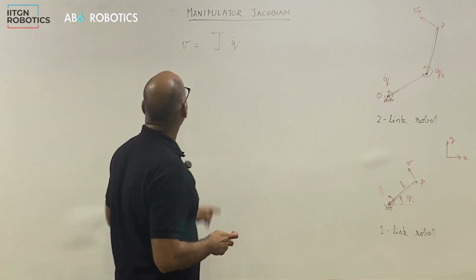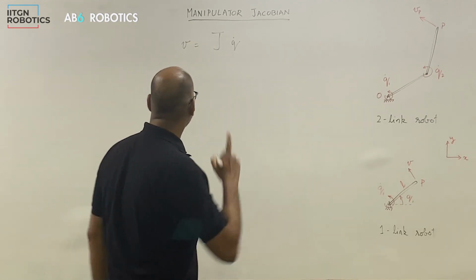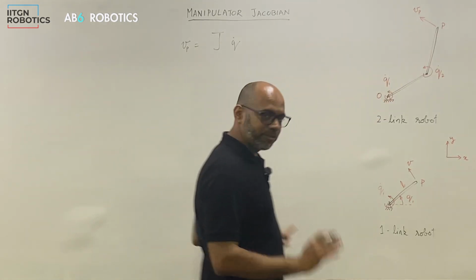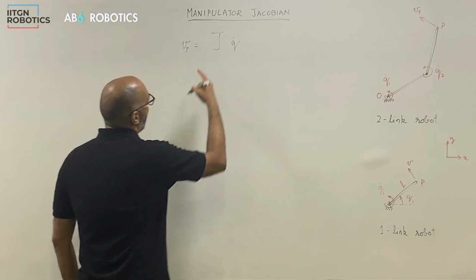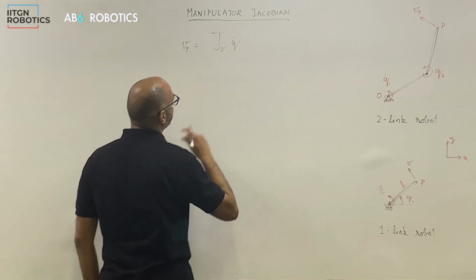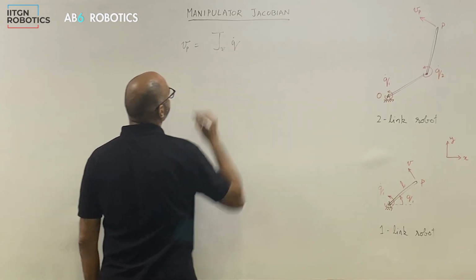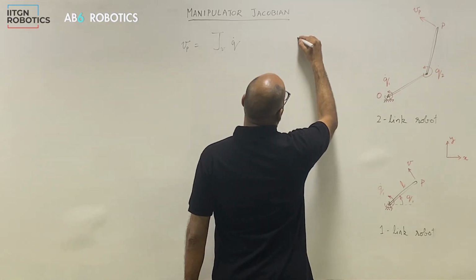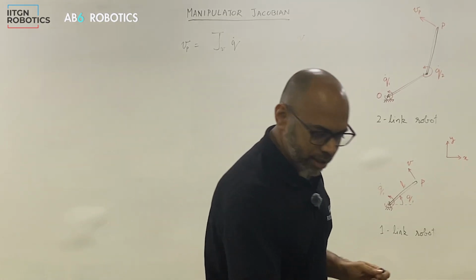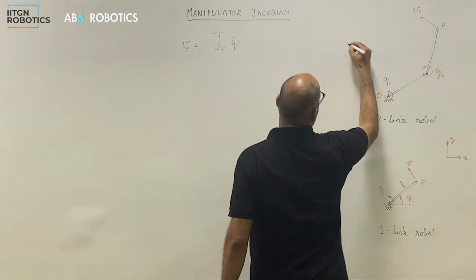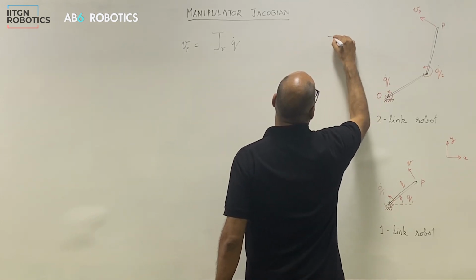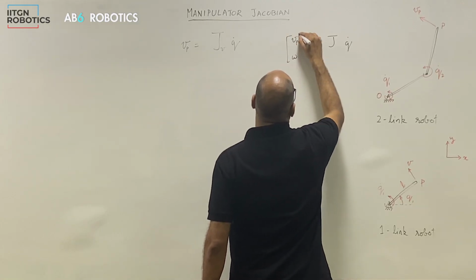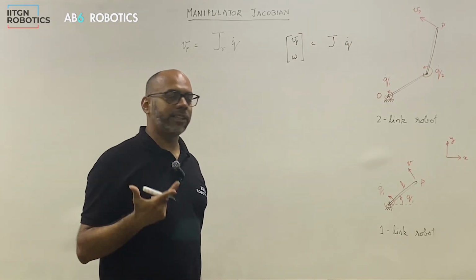Now we will add a few more details here. One, let me write this as Vp, because it is the velocity of point P, so we are clear what we are talking about. And for this J, let me add a subscript V. The reason is that there is also a more general form of Jacobian, which relates the joint angular velocities not only to the end tip velocity, but also to the angular velocity of the end effector frame.